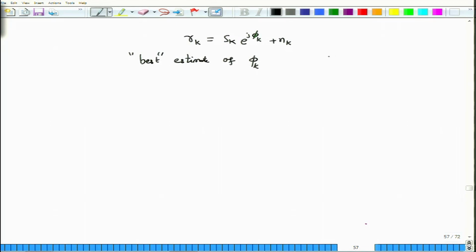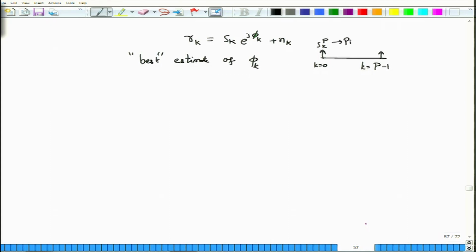In practice, of course, beginning at k equal to 0 or whatever the time instant, you are going to send a certain number of pilot sequences. So, for k equal to 0 to p minus 1, all the symbols will be known. I am going to write the known symbols as Sk with p at the top, indicating that this is a pilot symbol.